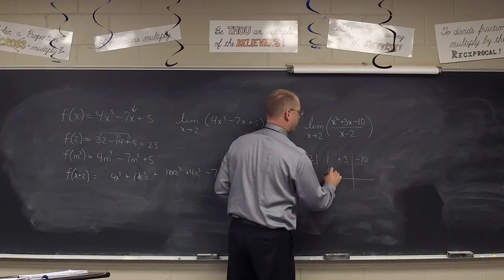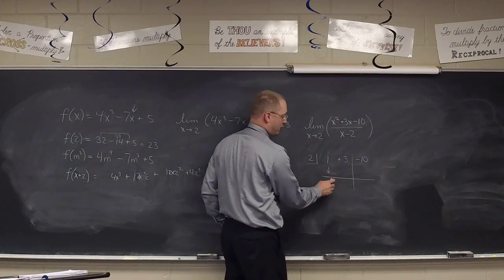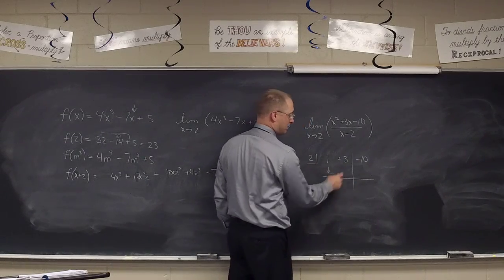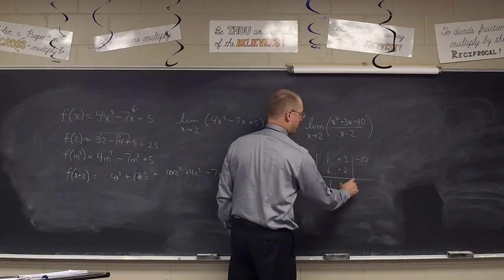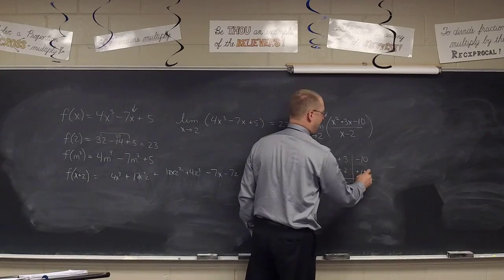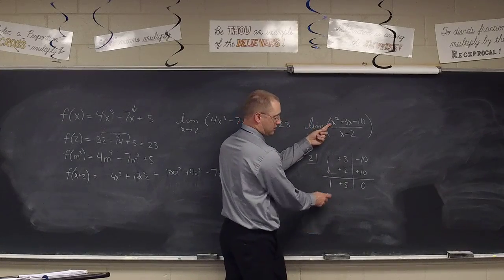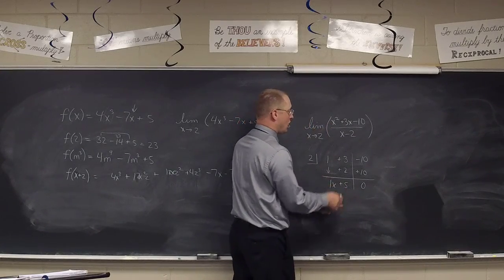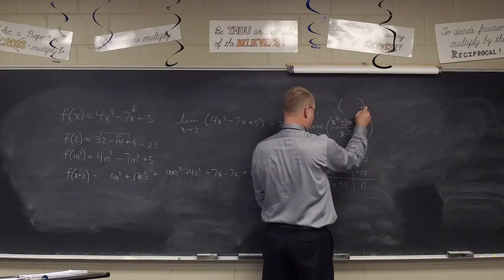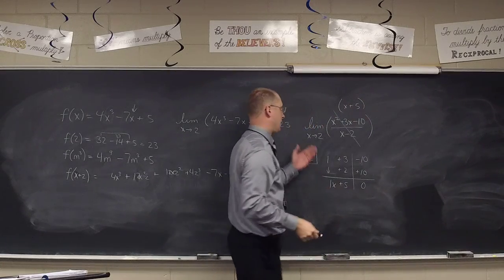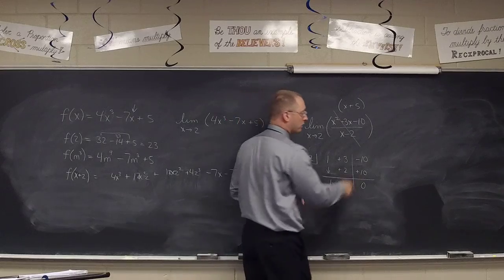We would bring down the first term, which is a 1, multiply, 2, and we'd add, 5. We'd multiply, 10, and we'd add, 0. And we'd put 1 power less than this, and the remainder is gone, and really this would just become the limit of x plus 5 as x approaches 2, which would just equal 7.